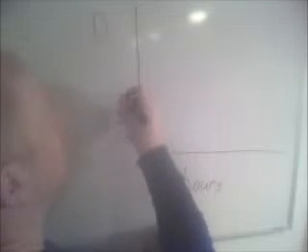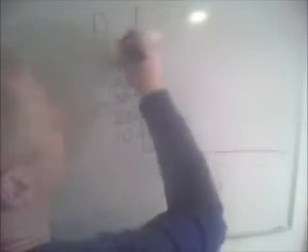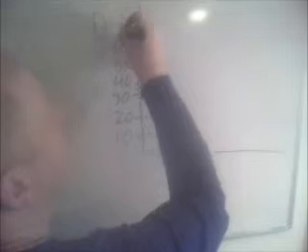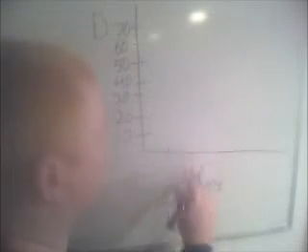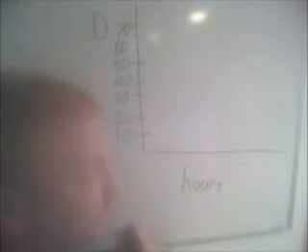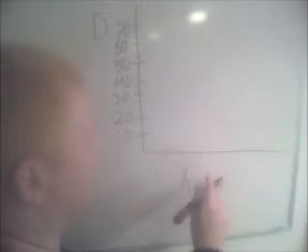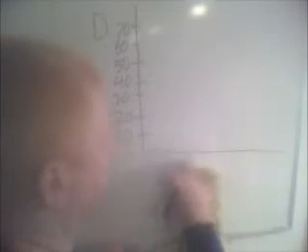20, 30, 40, 50, 60, and 70. And our hours are going to be at least up to, are you able to see this? Remember, the x-axis is the hours. This might go below what the camera can see.